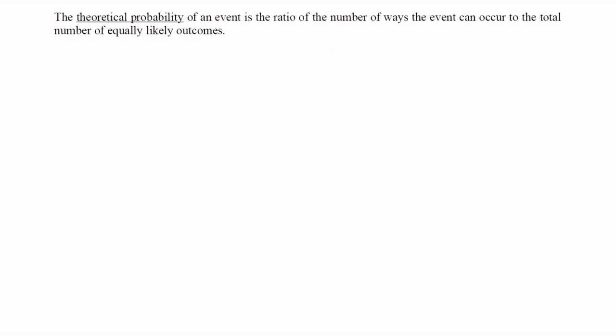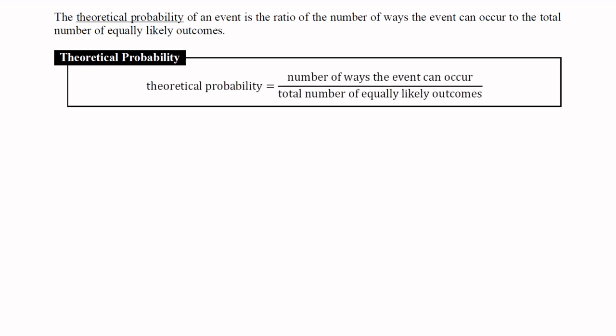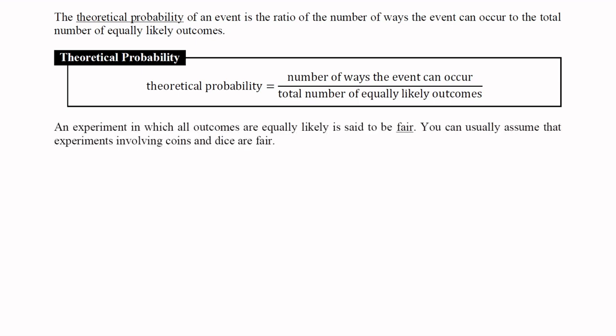The theoretical probability of an event is the ratio of the number of ways the event can occur to the total number of likely outcomes. So for theoretical probability, you're going to take the number of ways the event can occur and divide it by the total number of equally likely outcomes. An experiment in which all the outcomes are equally likely is said to be fair.